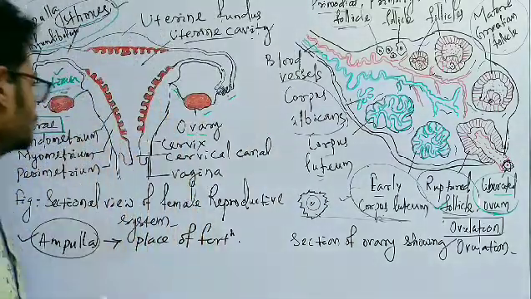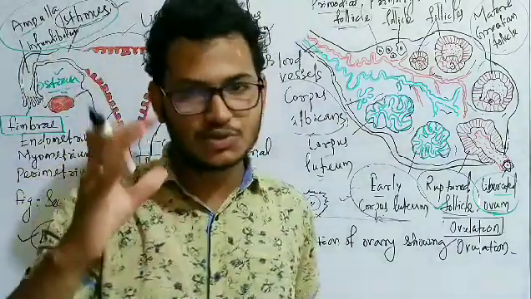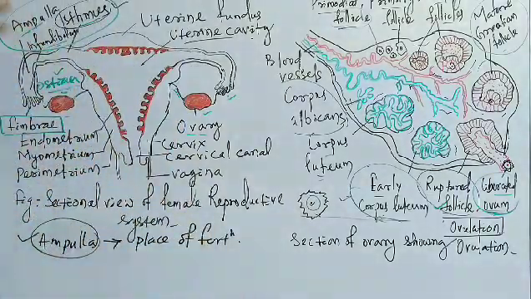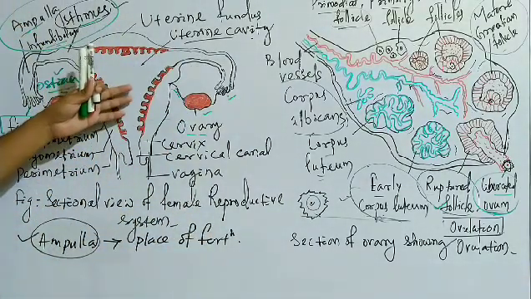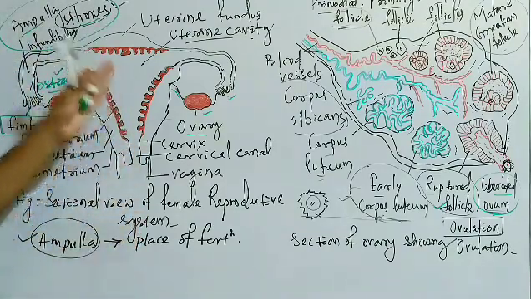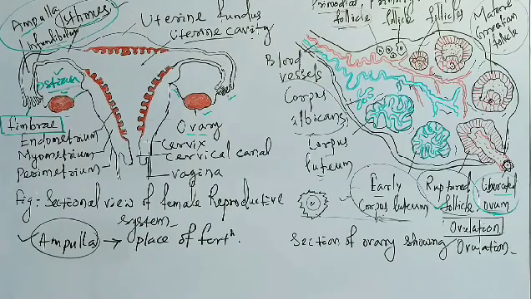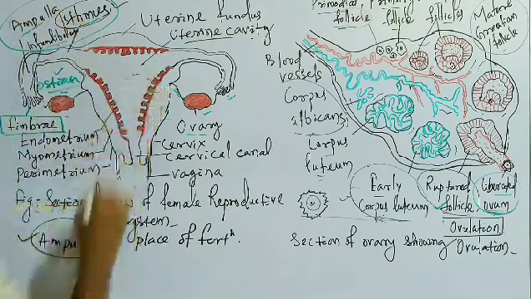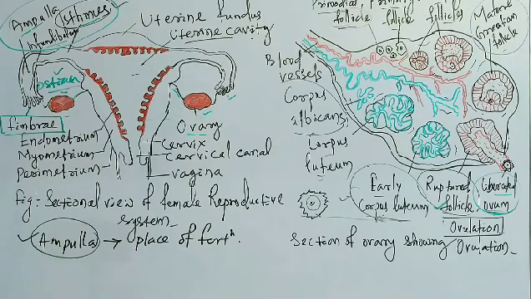It attaches to the wall of the uterus and develops into a mature fetus, or the child develops inside the uterus and comes out after proper development. So the isthmus is the connection of the ampulla with the uterine cavity or the uterus.